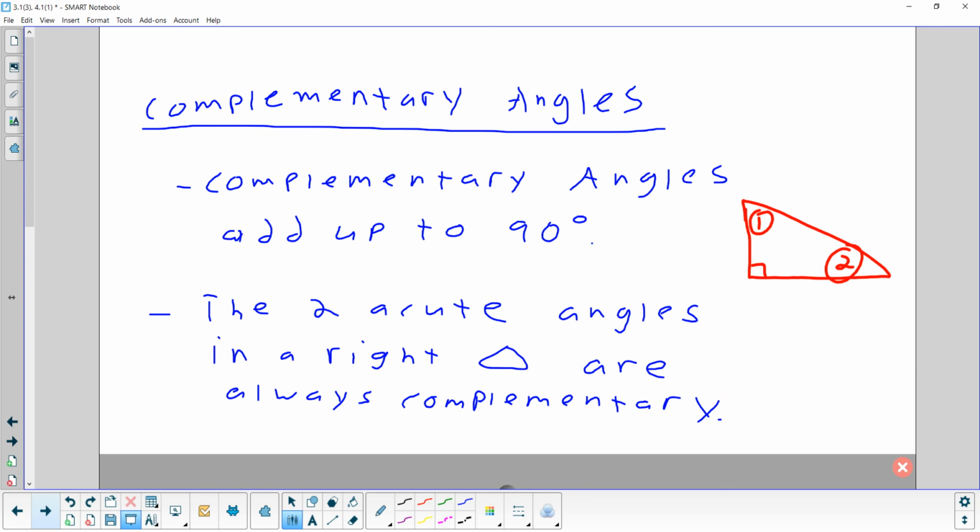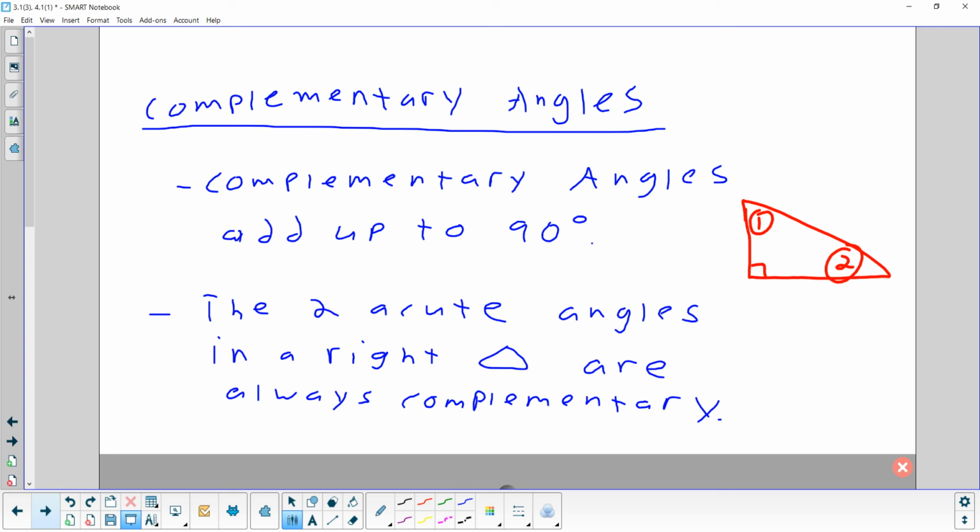Okay. Still doesn't tell me why angles 1 and 2 have to add up to 90. I need someone to articulate this for me.